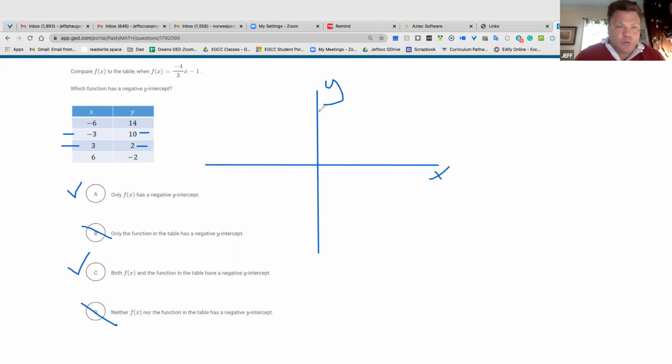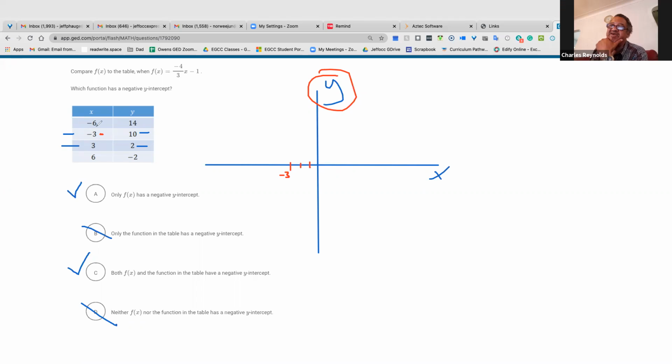The question is, where does the line cross on the y line? This one, the up down. So we're going to go to -3 on the x line. Well, that's -1, that's -2, that's -3. When it's -3, our dot is going to go 10 on the y. So I'm just going to put a line up here and call that 10.